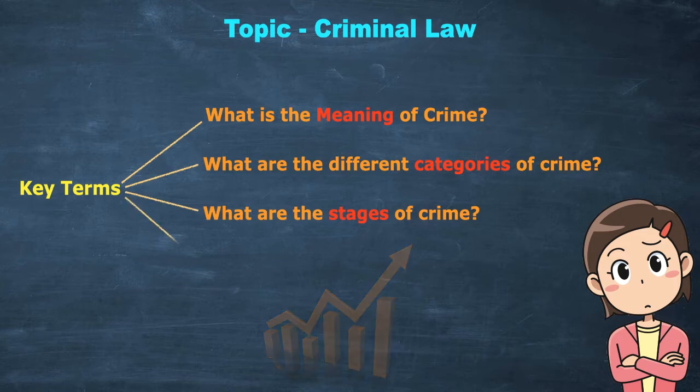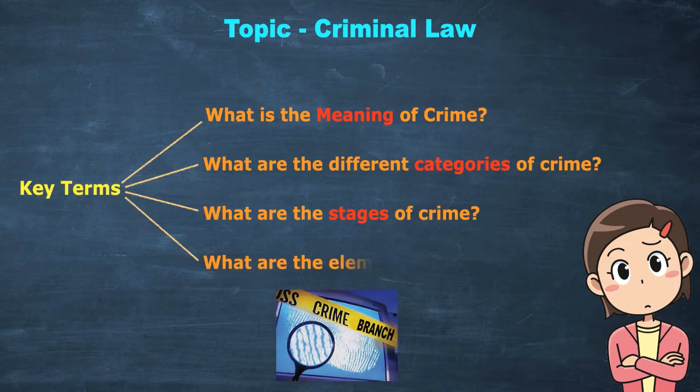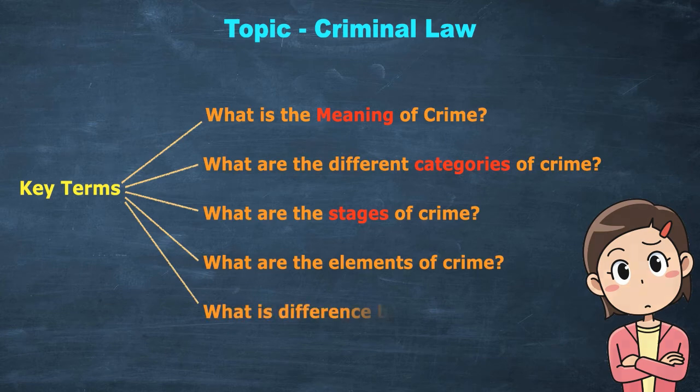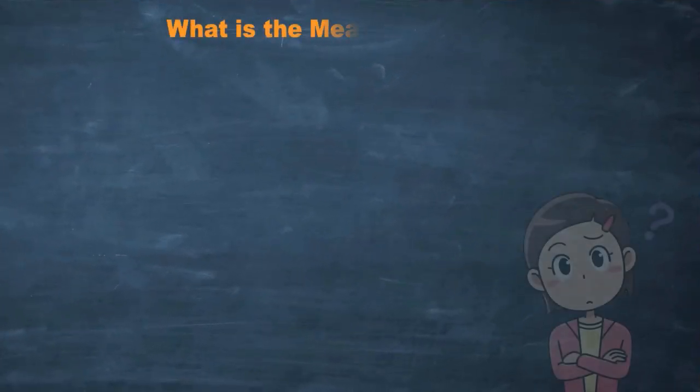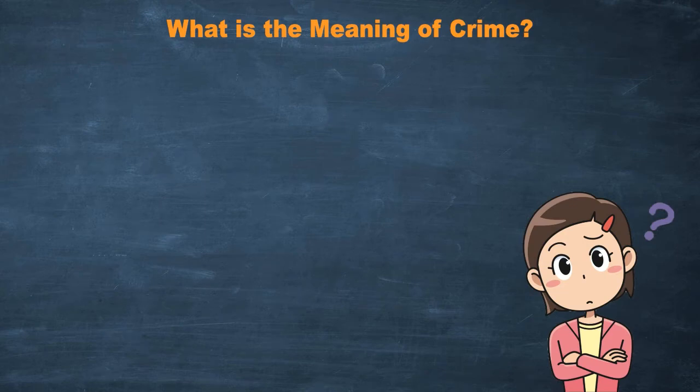Fourthly, the elements of crime. And lastly, the difference between intention and motive. So, let's begin with the first topic, the meaning of crime.